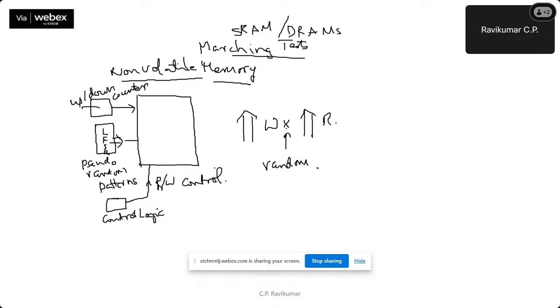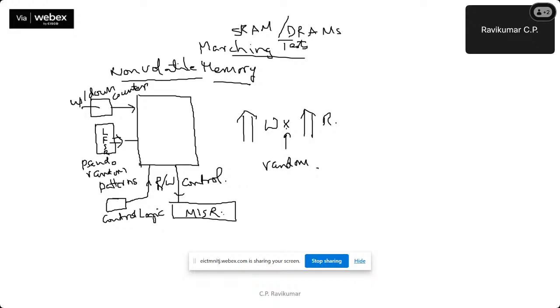So the data that is read out can be compressed using what is called the multiple input signature register. I believe we have mentioned that also. So use a MISR to compress the bits that are being read out.